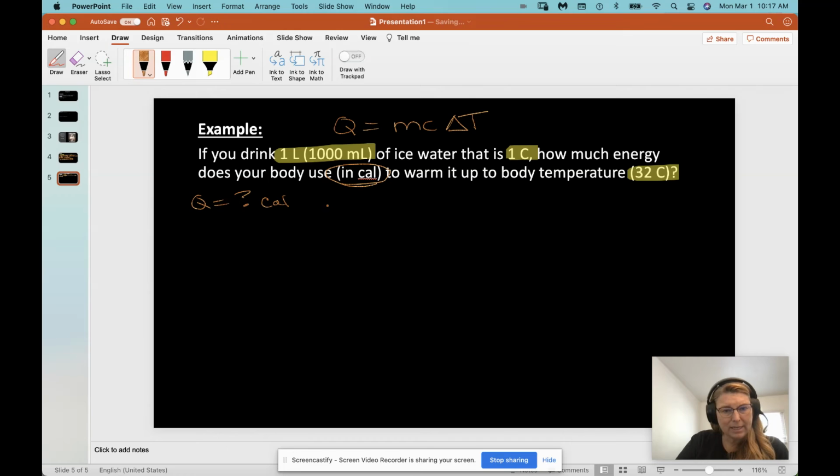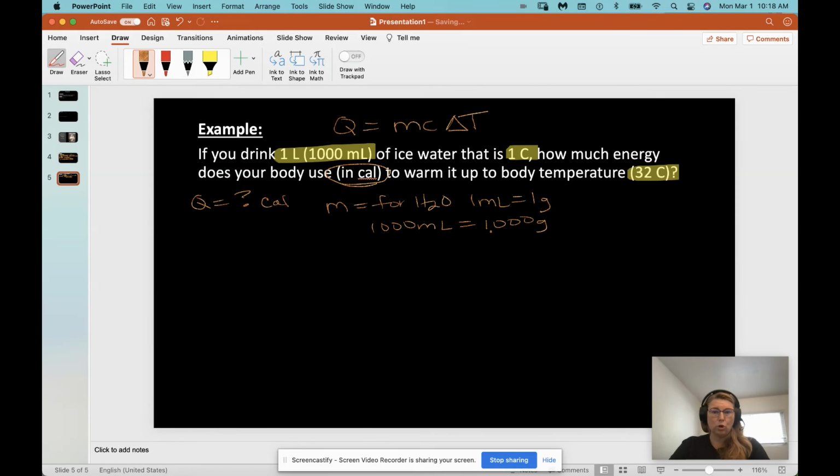So mass is another tricky one. This problem assumes that we know that for water, 1 milliliter equals 1 gram. So if we have 1,000 milliliters, that equals 1,000 grams. So this is the mass of water that we have.